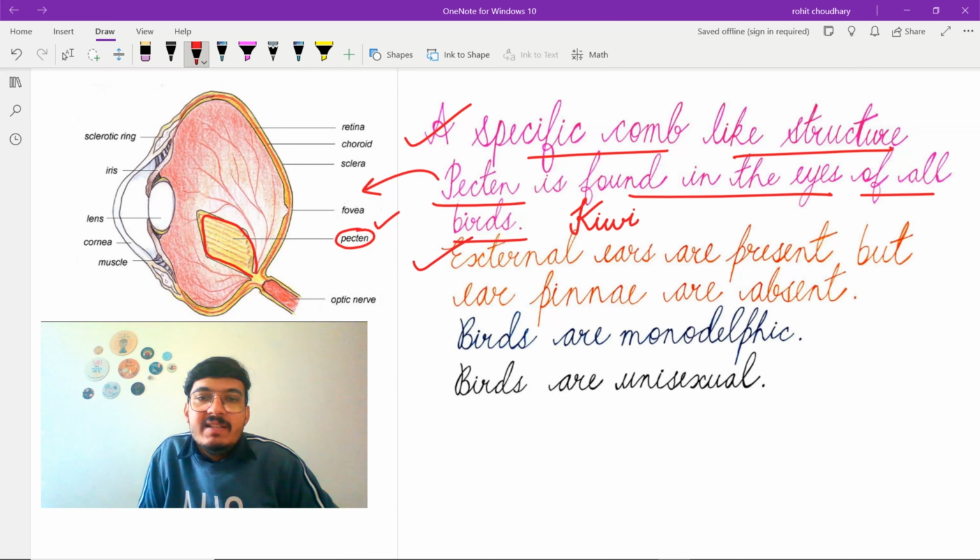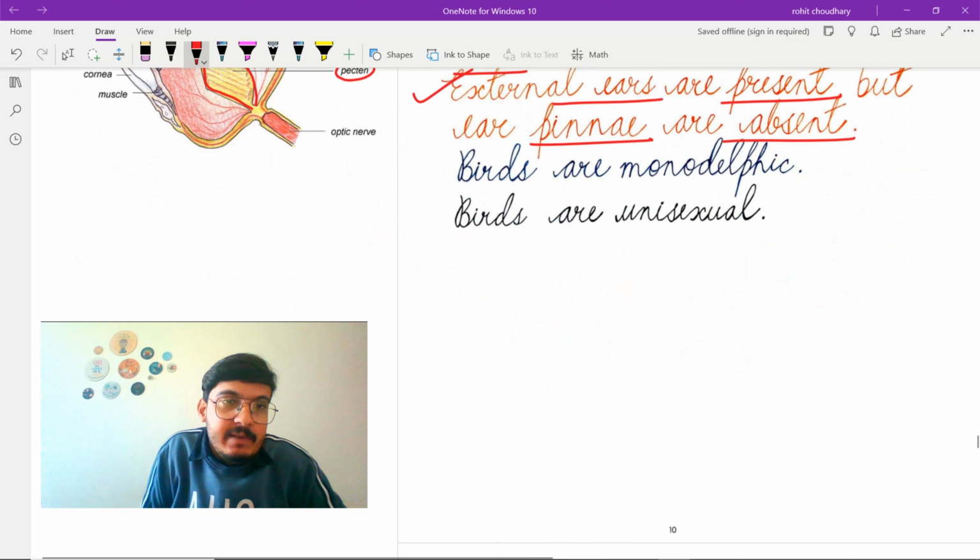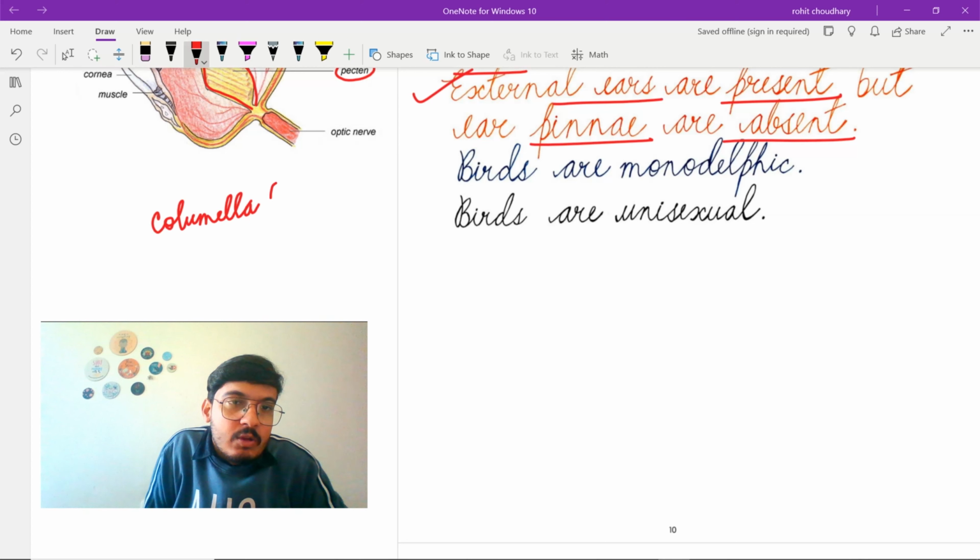The next feature is that external ears are present but ear pinnae are absent, and there is only one ear ossicle, namely the columella, also known as the stapes. It is present in the middle ear.